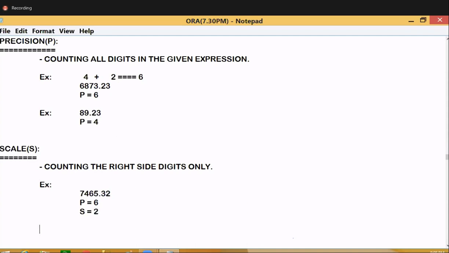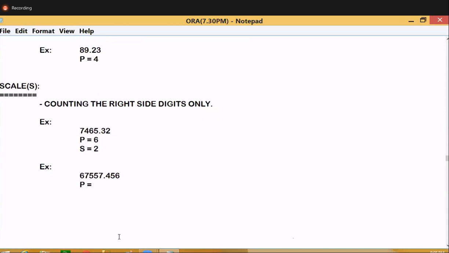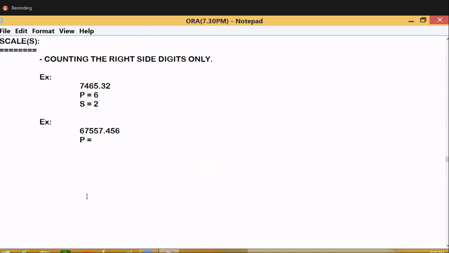Suppose in the next one, if I'm using it like this, what is my precision? Can you tell me my precision number, guys? Yes, the total digit count is 1, 2, 3, 4, 5, 6, 7, 8.